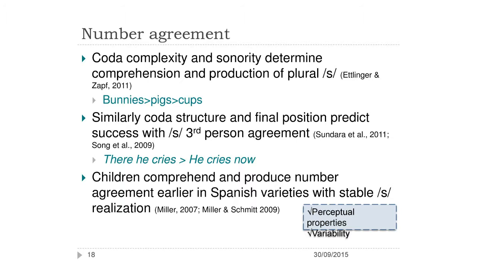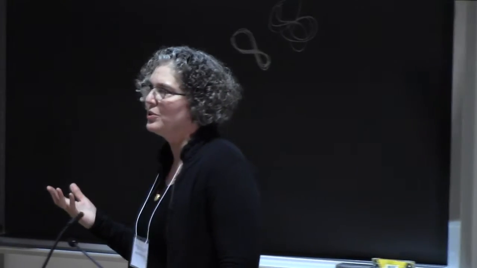And in Spanish, Karen Smith and her colleagues have looked at how variable realization in some varieties of Spanish, I'm a speaker of one of those varieties, really impacts. So if your language realizes the S robustly, gatos, then you are okay and you will acquire it earlier.